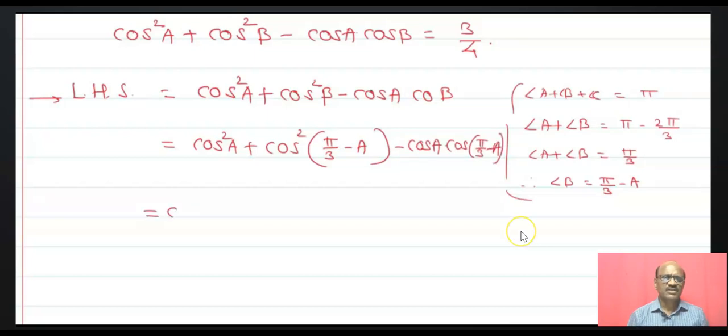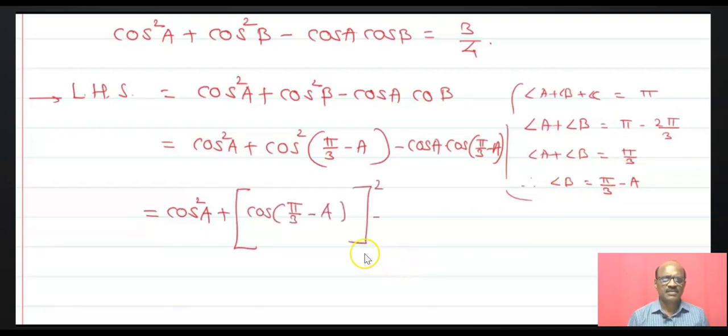Now all the terms are in the form of A. Therefore you will get cos square A plus cos of (A minus B) bracket square minus cos A cos of pi by 3.